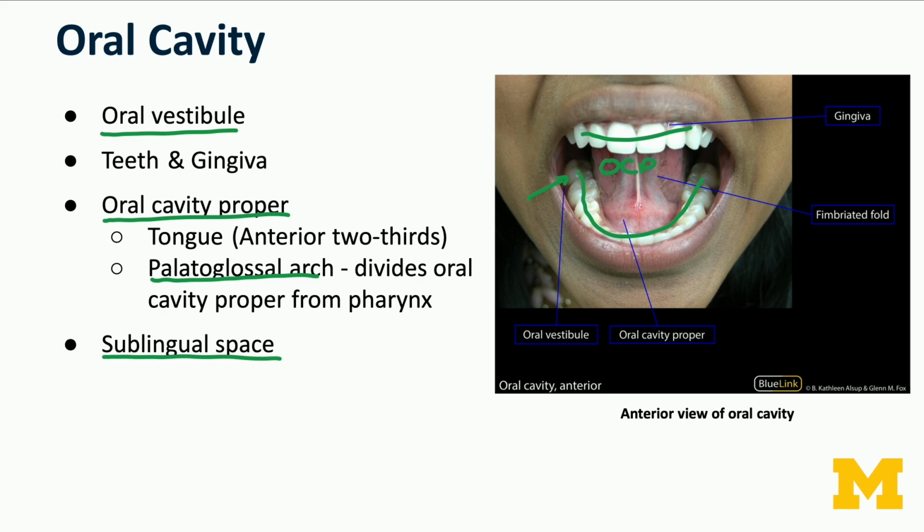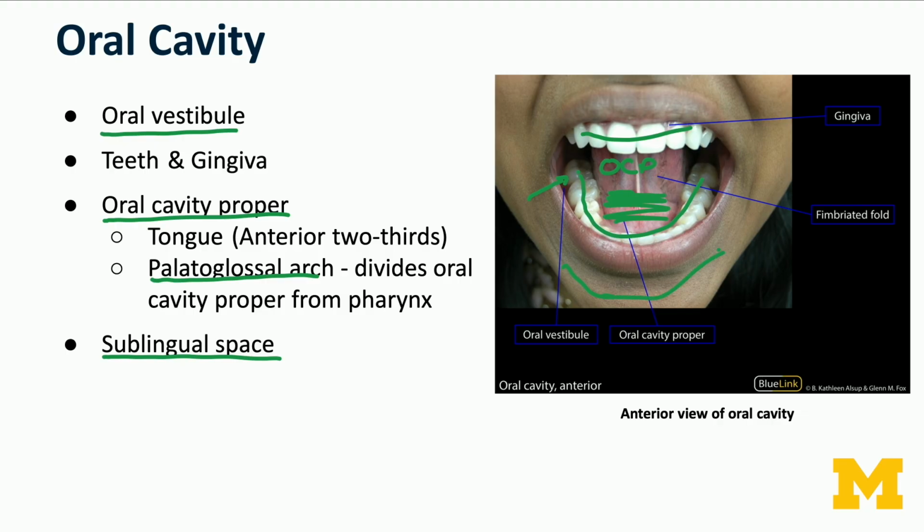The tongue is going to be a common organ between both the oral cavity proper as well as the oropharynx, in the anterior 2/3 of which exists in the oral cavity, the posterior 1/3 of which exists in the oropharynx. Deep to the mucosa here, all the way down to a muscle known as the mylohyoid, we have the sublingual space.